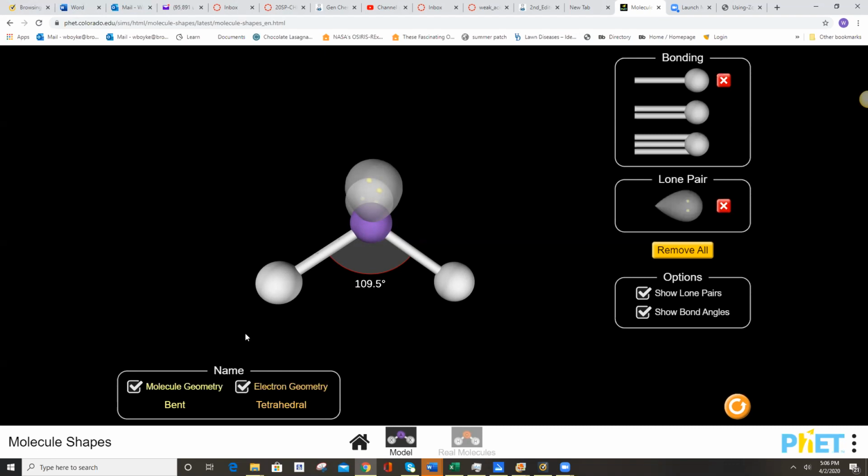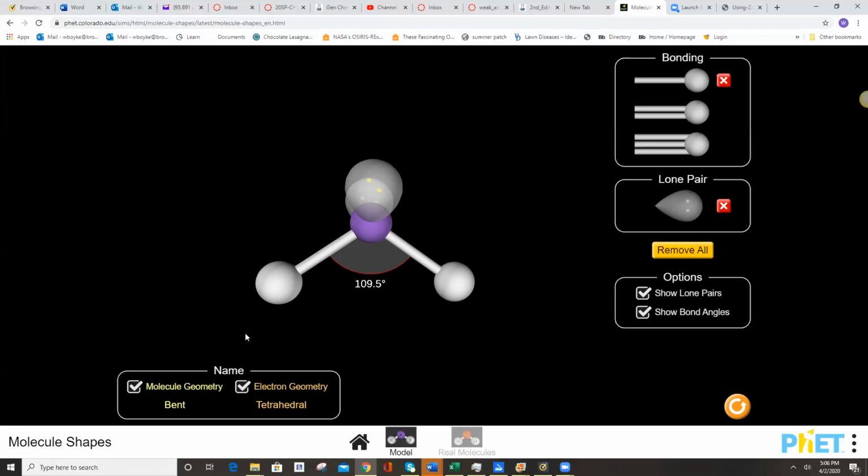If you go back and look at SO2, we also described SO2 as bent. But that bent had 120 degree bond angles, where this one has 109.5 degree bond angles. Why the difference? The difference is because even though these have the same molecular geometry bent, they come from a different electron pair geometry.